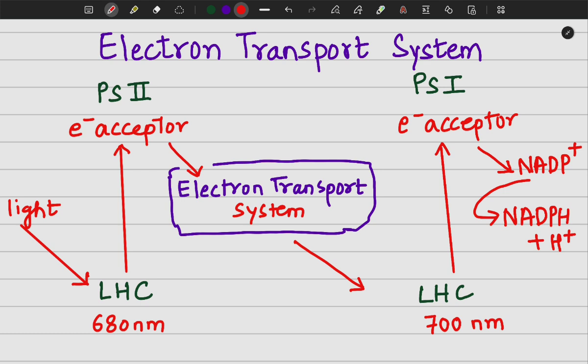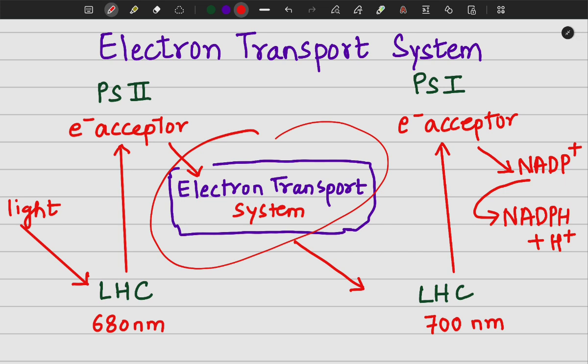When the red light falls on the light harvesting system, the electrons of the pigments get excited, jump to higher orbitals, and are accepted by an electron acceptor, which passes these electrons downhill to the electron transport system consisting of cytochromes. At the base of the downhill, these electrons are not lost anywhere but are passed on to the light harvesting complex of photosystem 1.